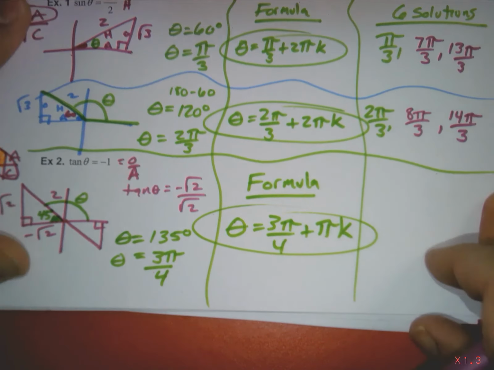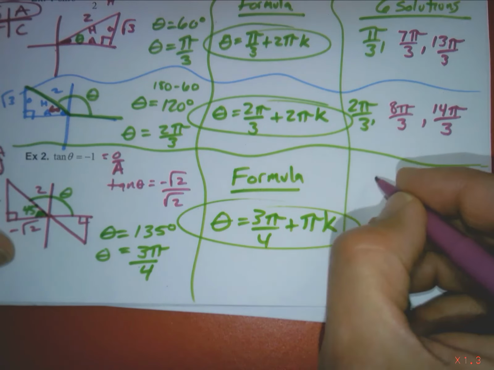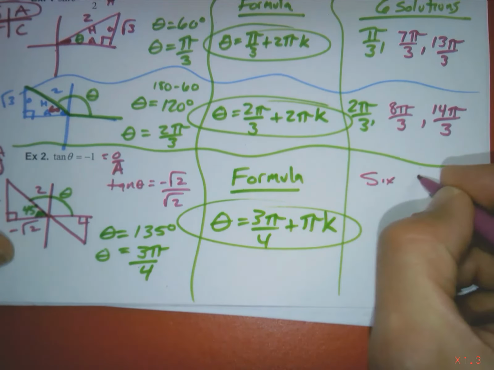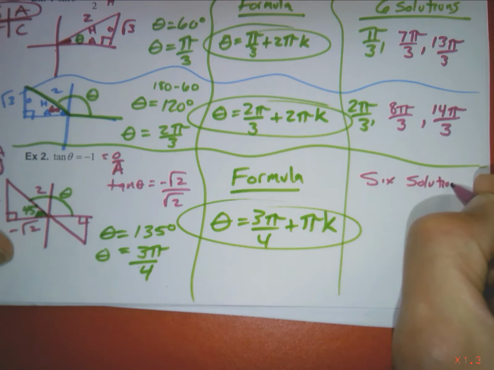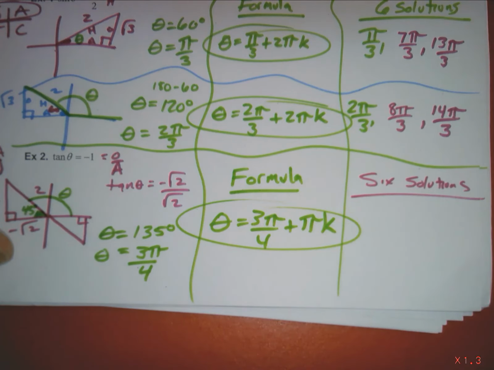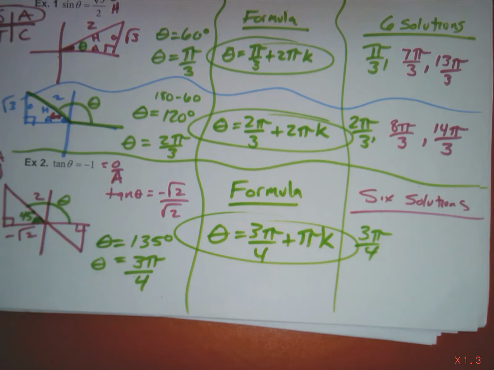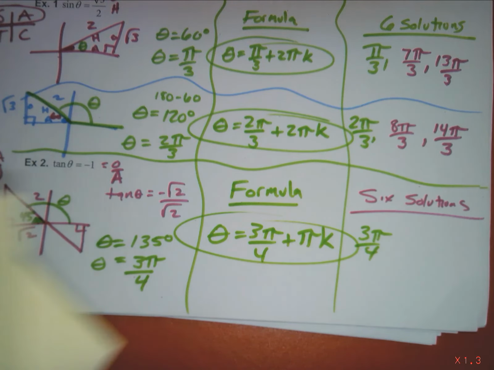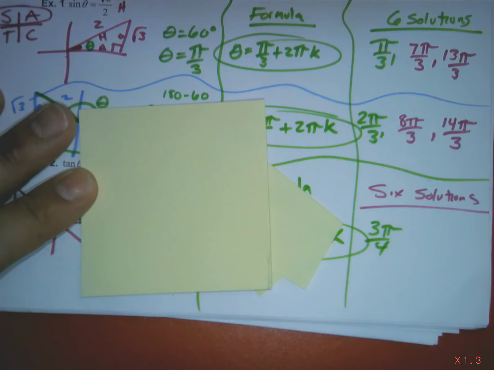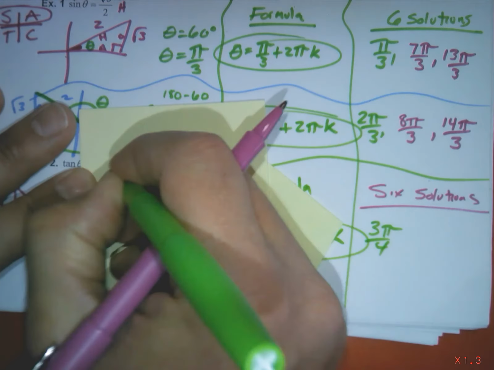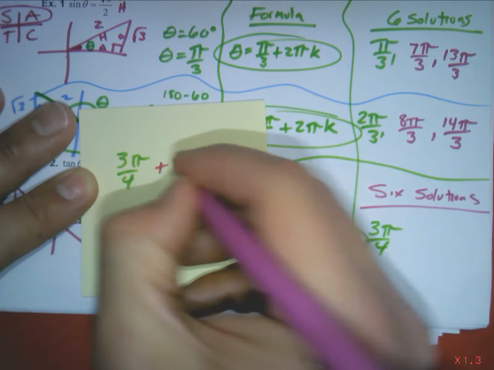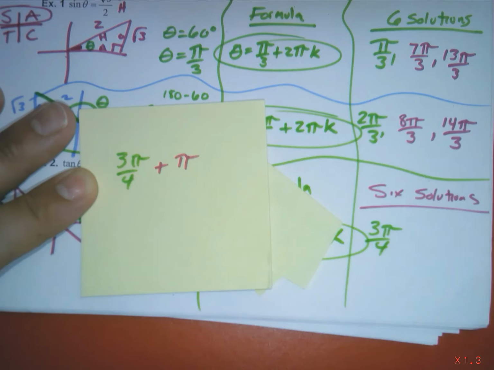All right. So last but not least, I need to come up with my 6 solutions. Again, we already have one of them, 3 pi over 4. What I'm going to do is take that 3 pi over 4 and add pi to it.